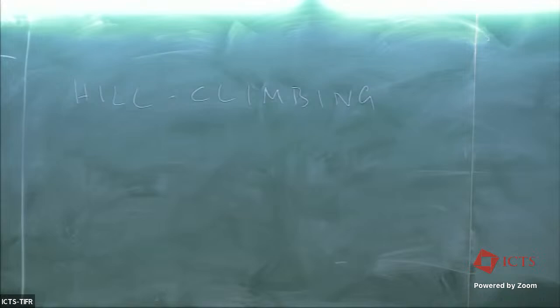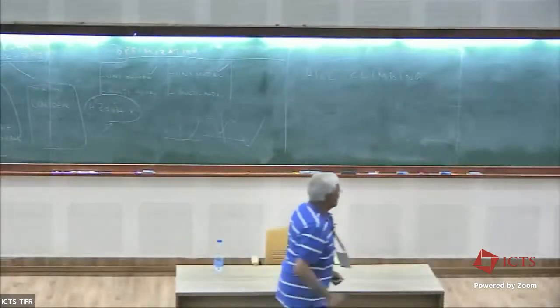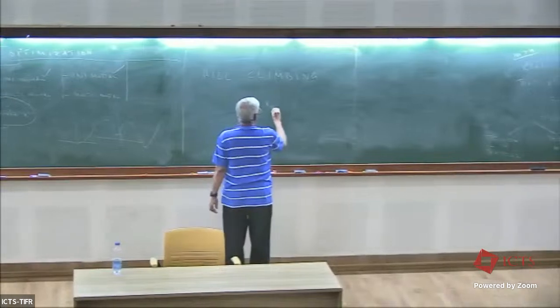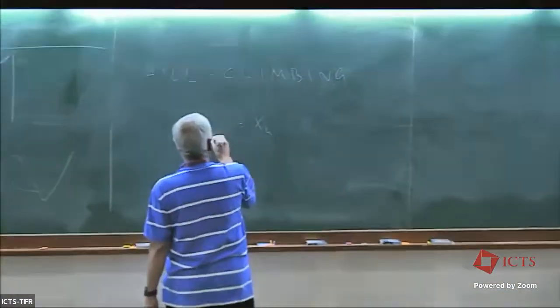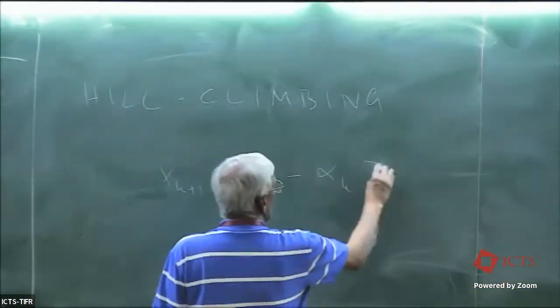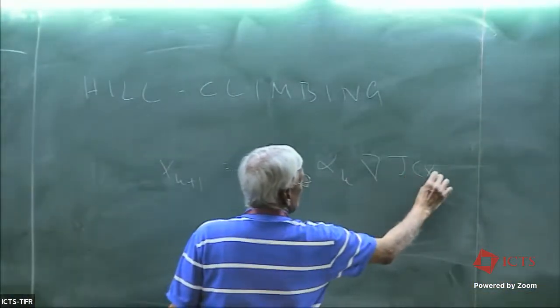Negative of the gradient. In the minimization problem, what do I need to do? I need to go down the hill where I will get the maximum rate of decrease. So I have one base station today, xk. I want to get to the next base station. For the minimization algorithm, I go by alpha k times gradient of j of xk.